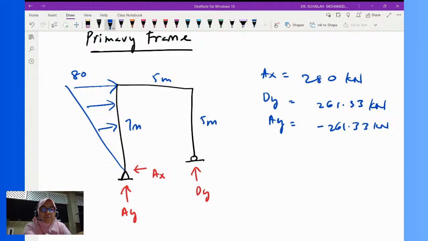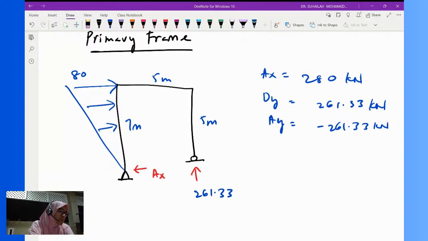This is based on what we have calculated this morning and afternoon. What is most important, as I said, is the value of the reaction in the diagram, the value itself. So DY is 261.33.